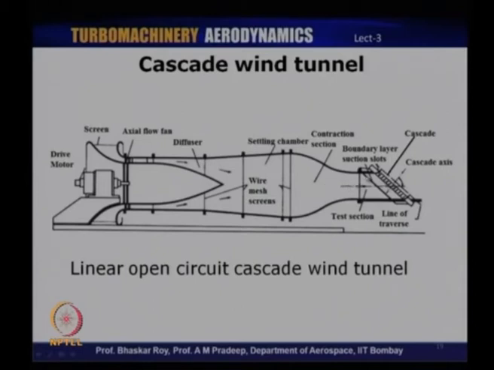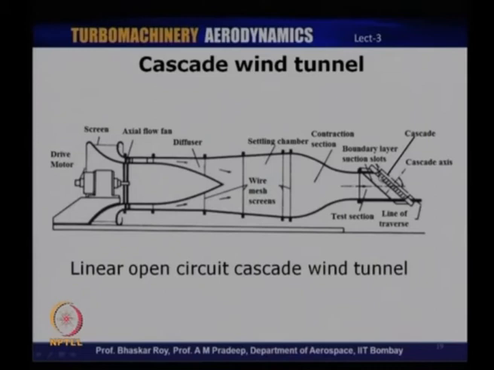Now, upstream of the cascade, you can see these slots. These slots are basically meant for removing the boundary layer to ensure two-dimensionality of the flow as it reaches the blades. And this is the cascade that you can see. You can notice a series of blades which are arranged in a linear fashion.